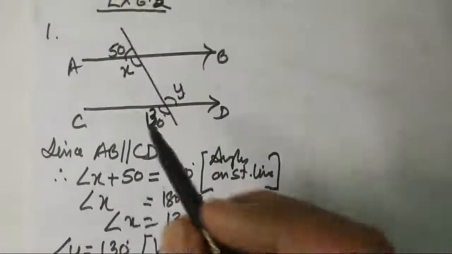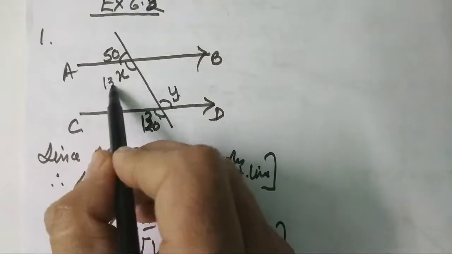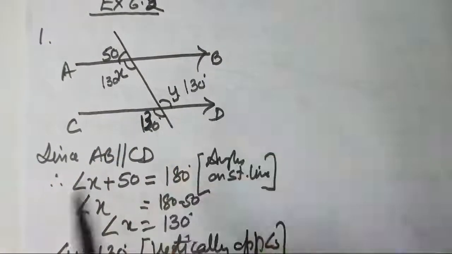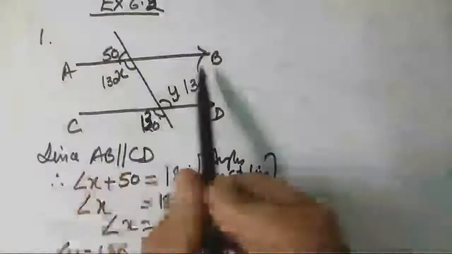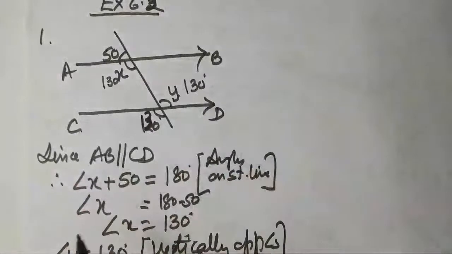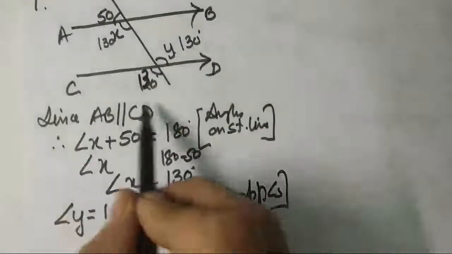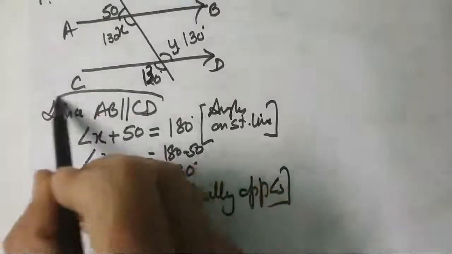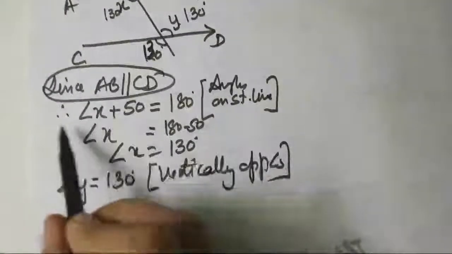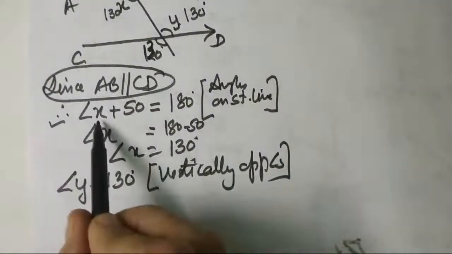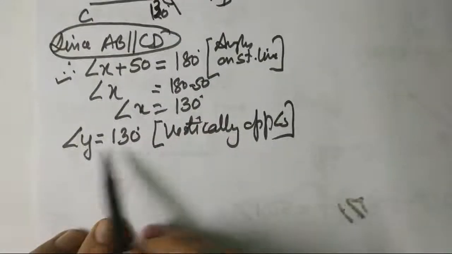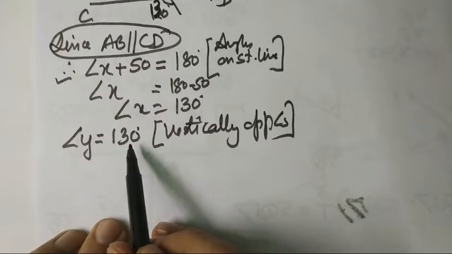Now we have found angle x was 130 and angle y we have just now found also 130. And now we have to show that AB is parallel to CD. Now in this figure, if I don't mention this as a parallel line, still I can write this because I am not using the property of parallel line here.